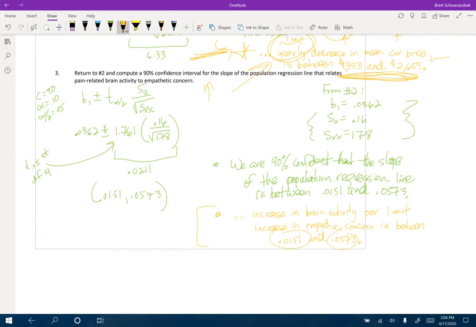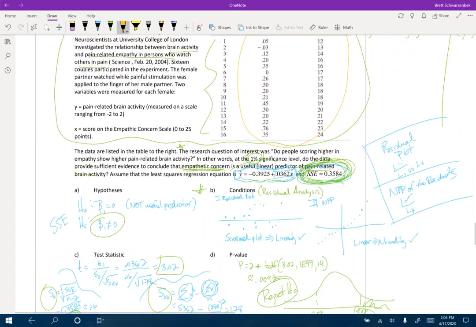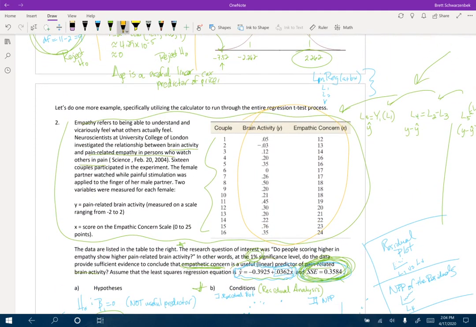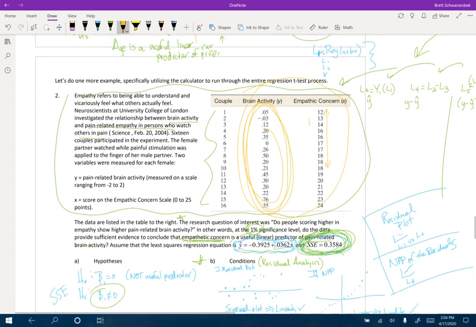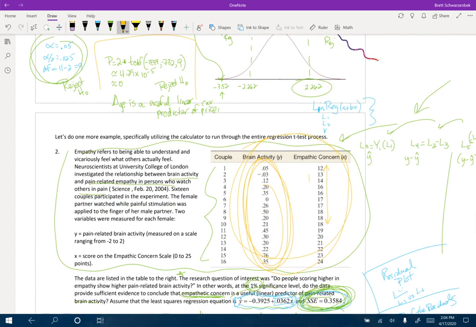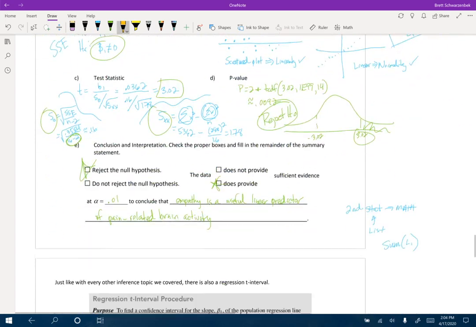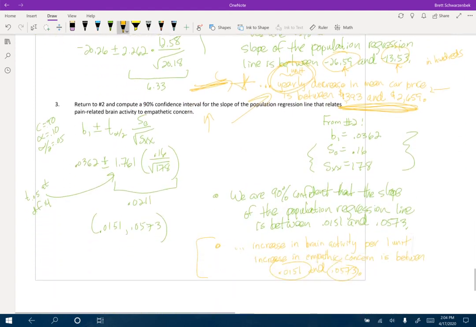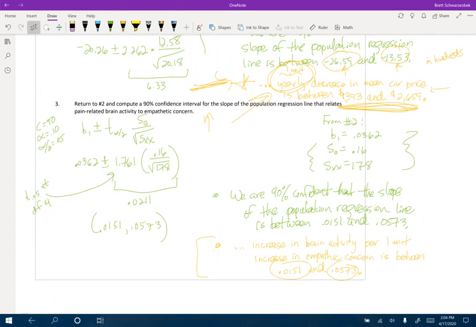What they're saying is there's an increase of those numbers on this side per every 1 unit. You see these are separated by units: 1 unit increase in empathetic concern. It's really hard because we don't really know the scales very well. I don't even know the scales that well, to be honest. So trying to interpret it is not that easy, and I don't think I would give you one like that. But that is how you, by the letter of the law, interpret this entire problem.